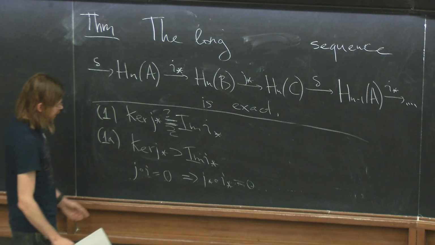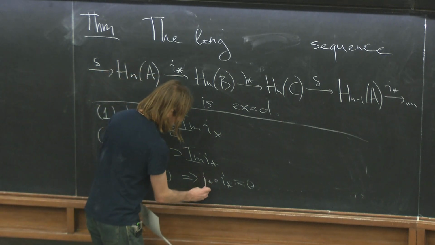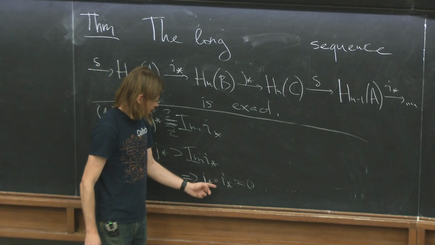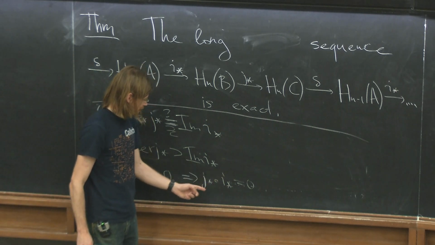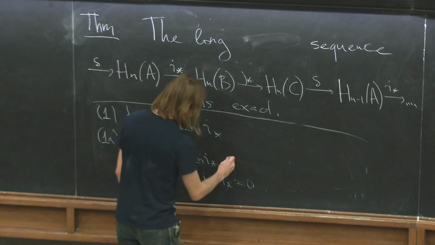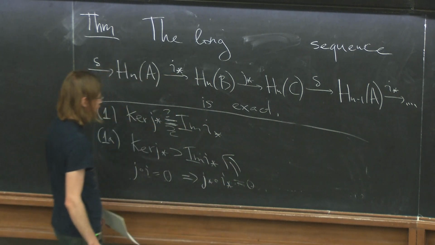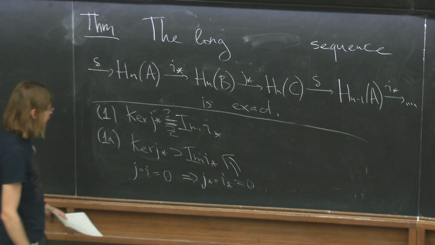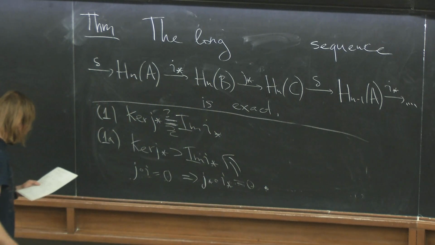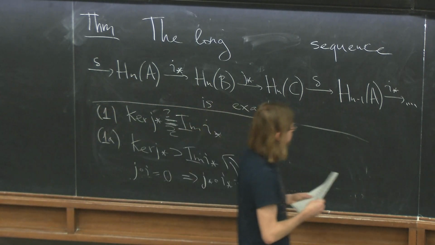So this means that all elements in the image of I star will be automatically killed by J star. So this will imply indeed this inclusion. This was easy, but the rest won't be so easy.